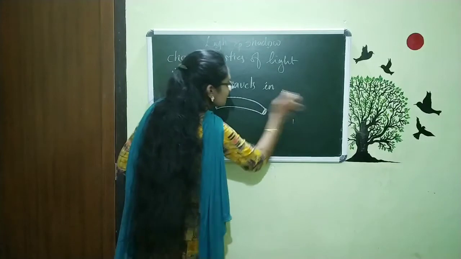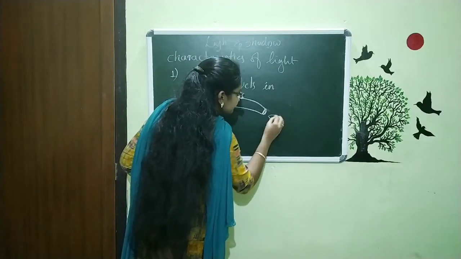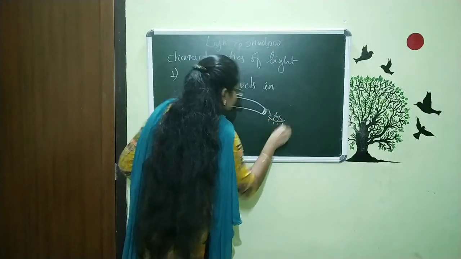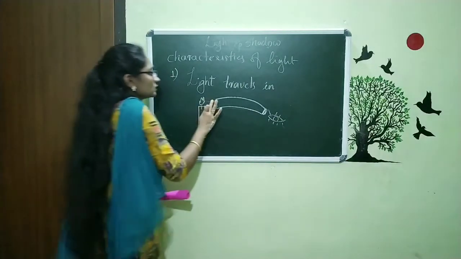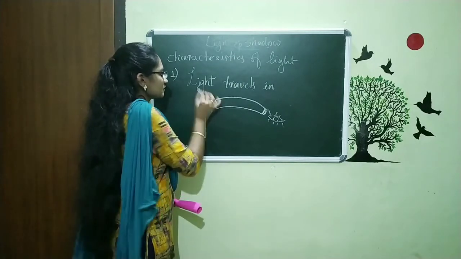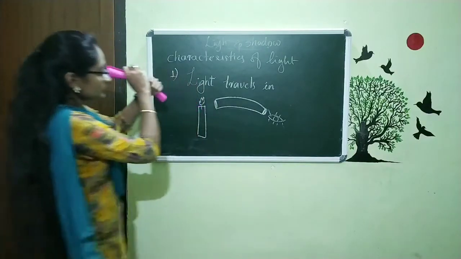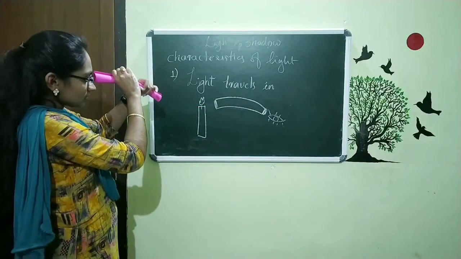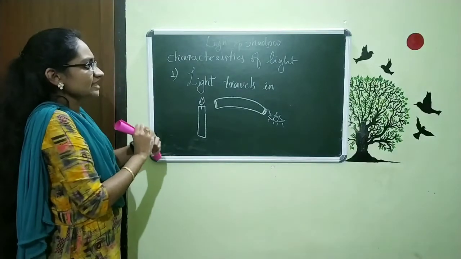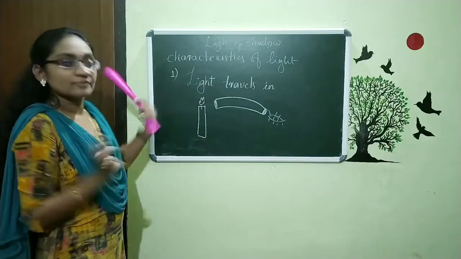I just want to look through here. Now, is it possible to see? What do you think? When I bend this and look through this paper, is it possible to see this candle light? Actually, I am not seeing.